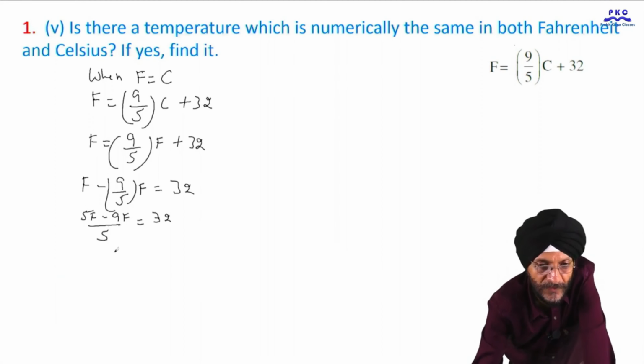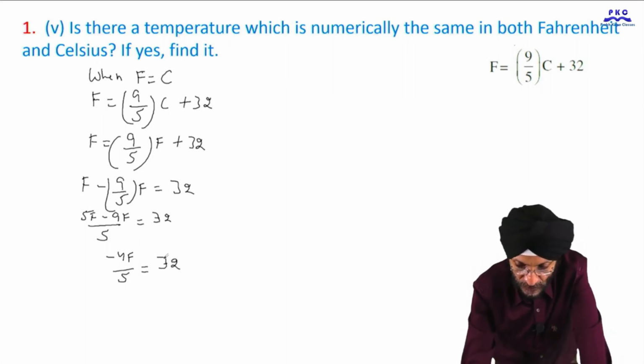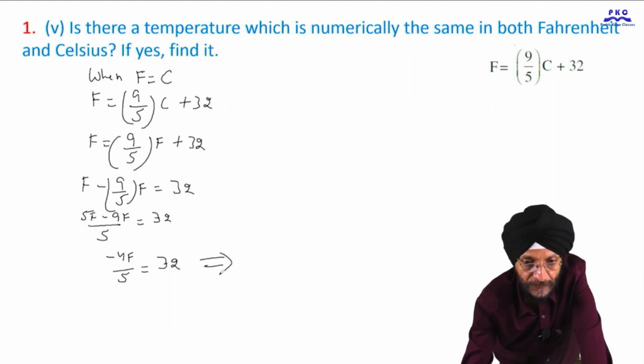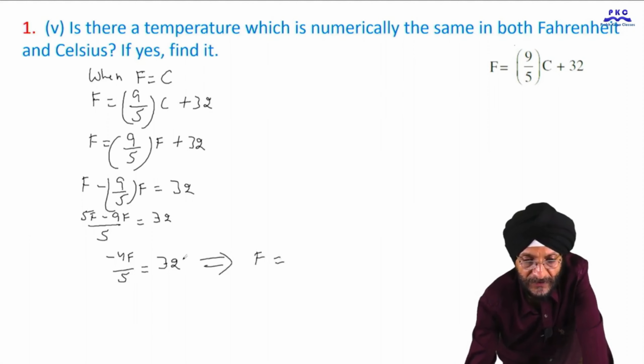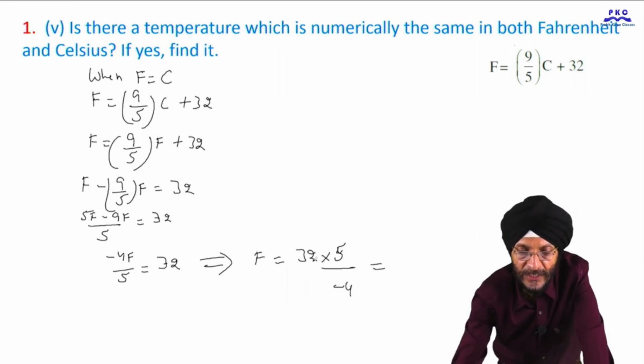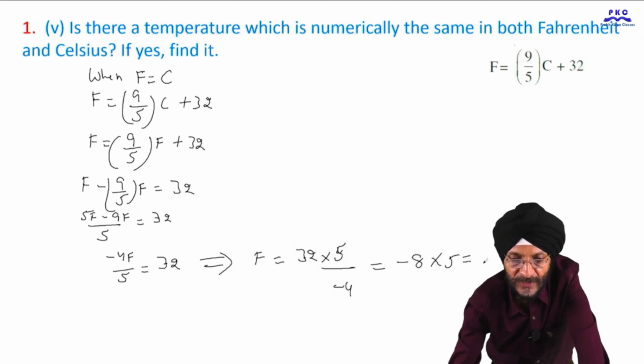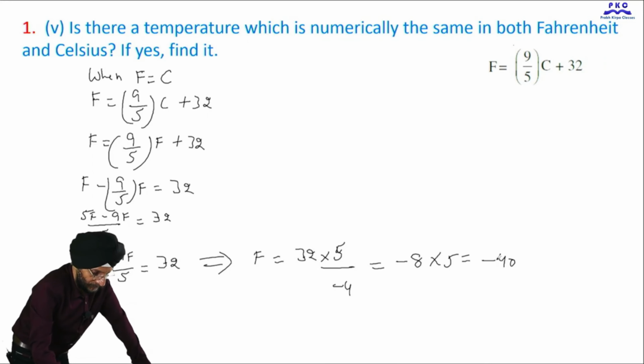So now it becomes minus 4F over 5 is equal to 32. So now F is equal to 32 times 5 over minus 4. Dividing, 32 divided by 4 is 8, and minus 8 into 5 is equal to minus 40. So F is equal to minus 40.